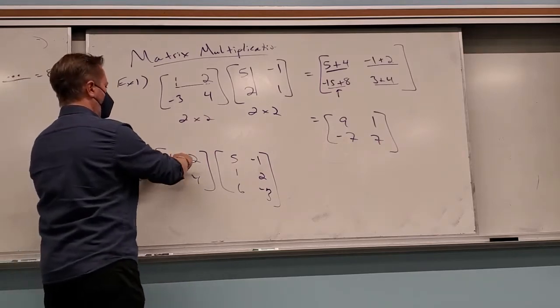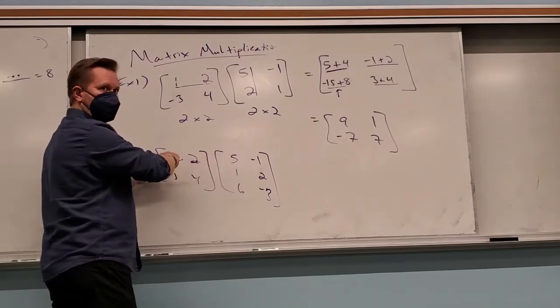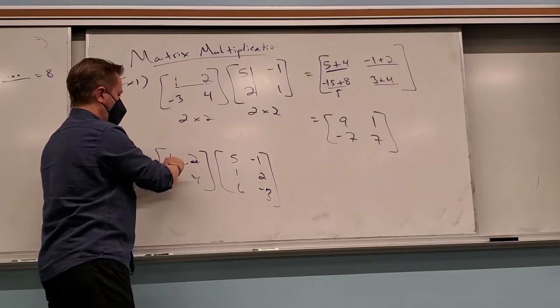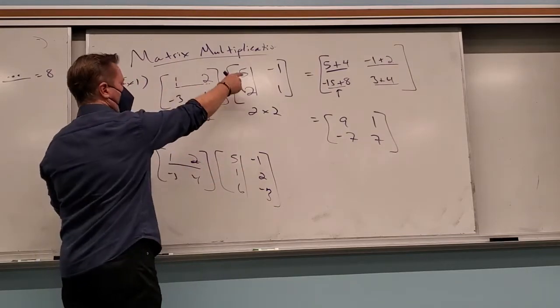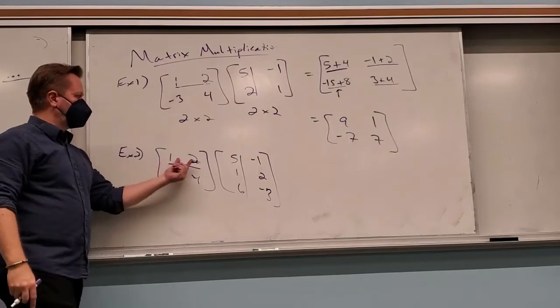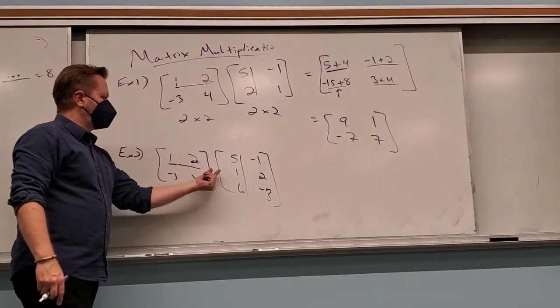If I try to multiply this by this, exactly like we did, what happens? 1 times 5, 2 times 1, outside the universe times 6.